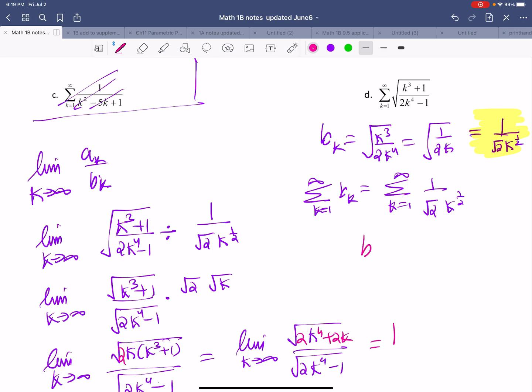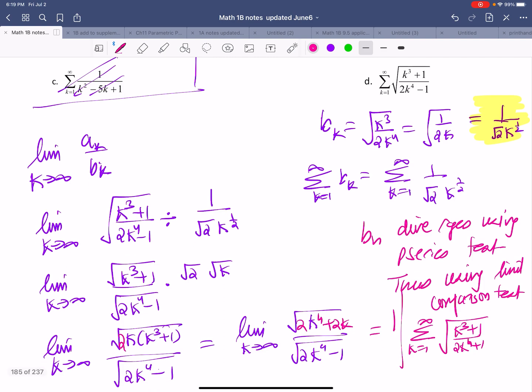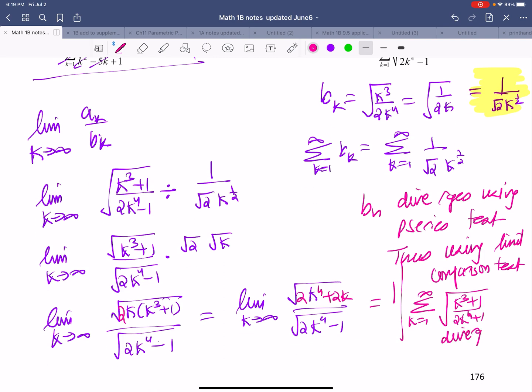So bn diverges using p series test. Thus, using limit comparison test, the series we were looking at, summation k equals 1 to infinity square root of k to the third plus 1 over 2k to the fourth plus 1, also diverges.